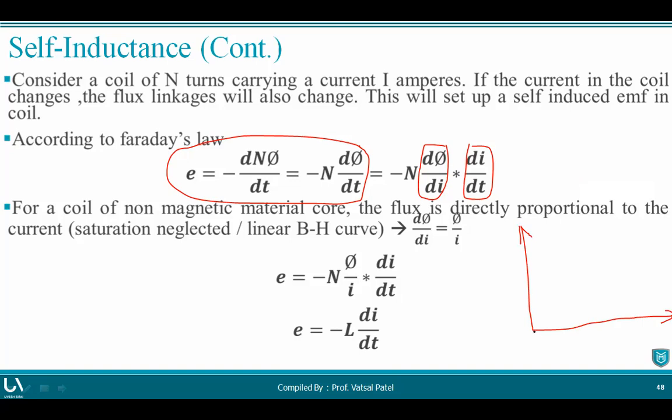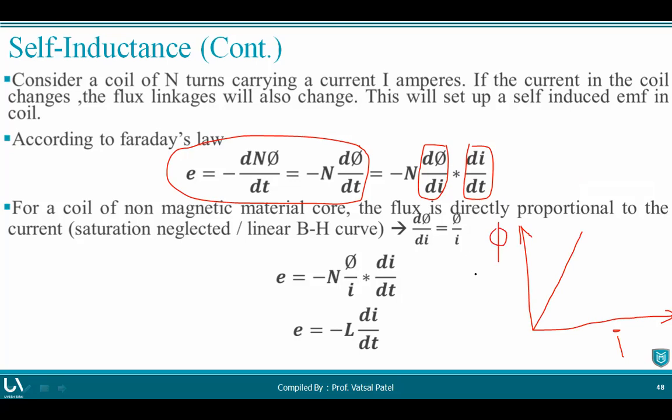When you change the current value, it indicates that if you have a non-magnetic material, your flux will be proportional to the value of current. So it will look like this, a linear graph, with current here and flux phi here.